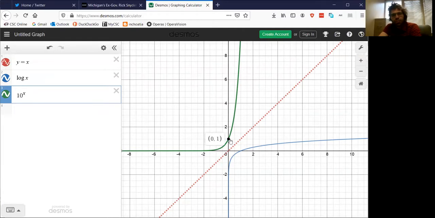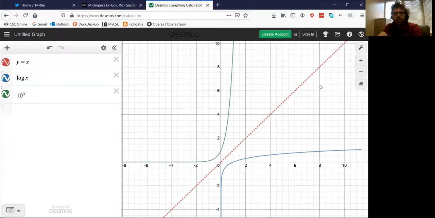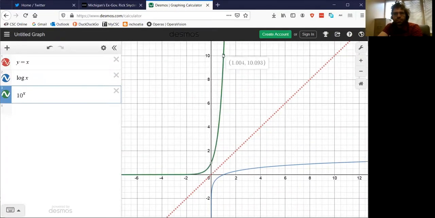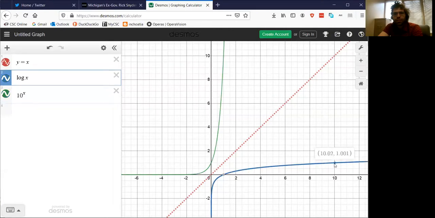So for example, this point at 0, 1 is reflected over here to this point at 1, 0. This point at 1, 10 is reflected over here to 10, 1, and so on.